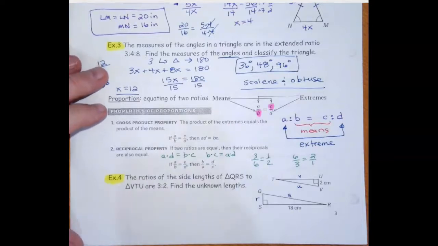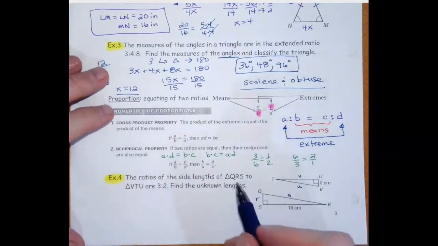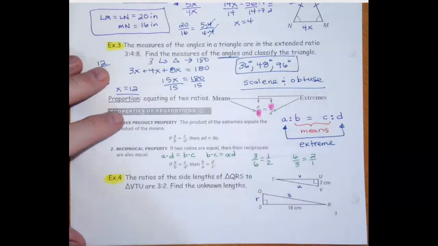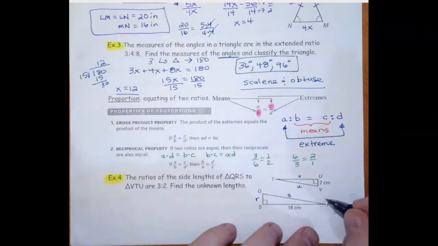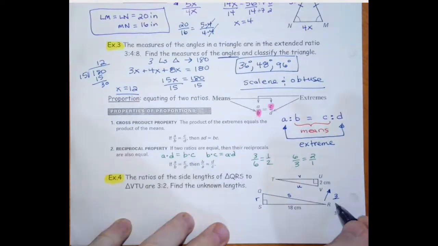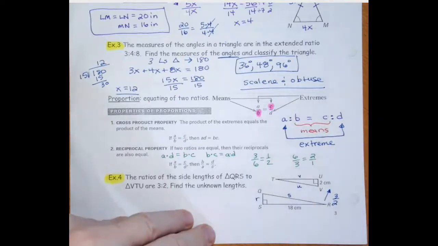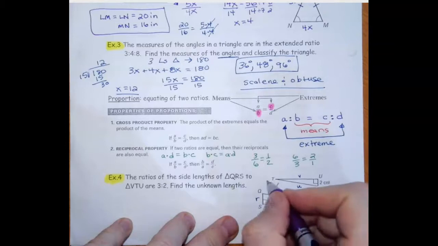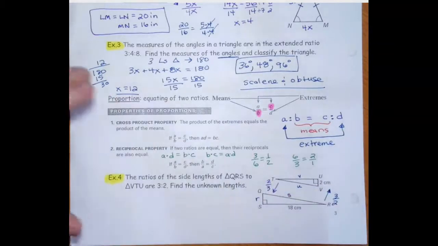So, it says the ratios of QRS to VTU are 3 to 2. So you want to think about going this way, it's 3 to 2. And the ratio then coming this way would be 2 to 3.